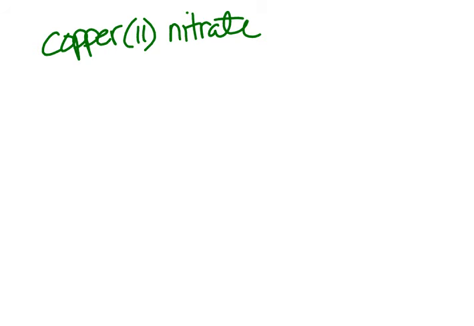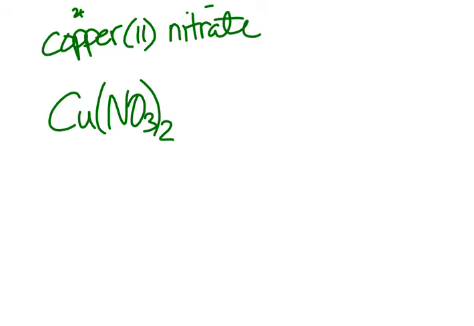This is where nomenclature becomes important, because if I don't have the right formula for this, I'm not going to have the right ratios in my compound. So, copper, and I know nitrate is NO3, and copper 2, and each nitrate is -1, because copper 2 means copper is 2 plus, nitrate is -1, so that means I would need 2 nitrates in order to make this compound neutral.